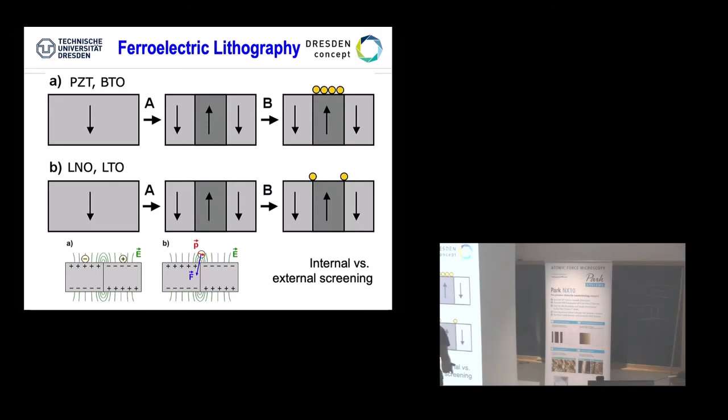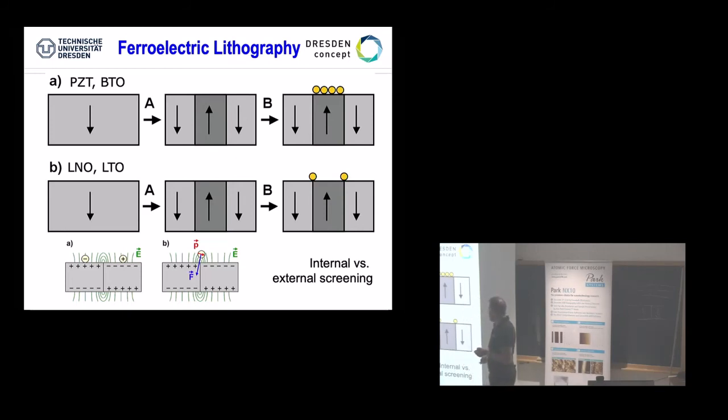We get charges inside, we get built-in fields, and so on. So from that point of view, materials like PZT and BTO are known to have compensation that might come from internal. That means charges are migrating from the bulk to the surface in order to compensate and shield the effective field.